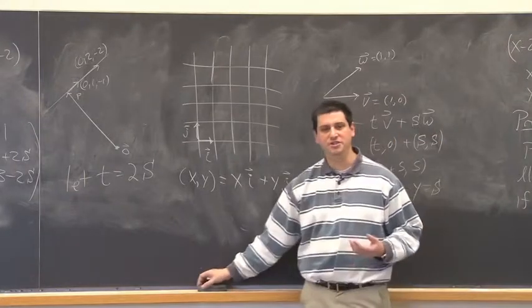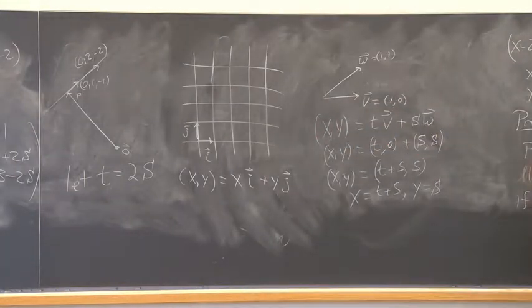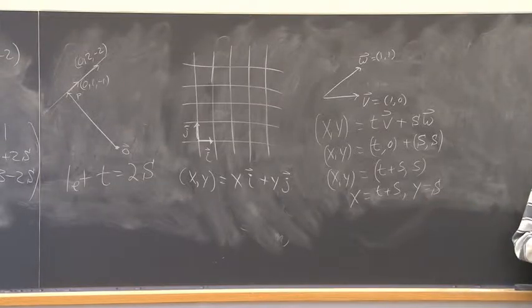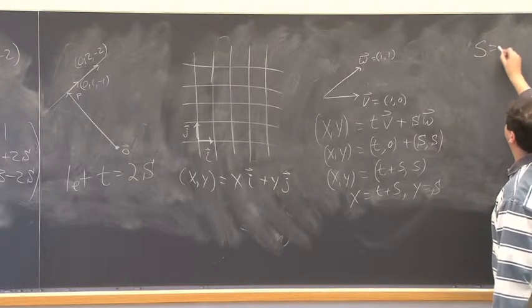Which equation is easier to solve, x or y? I'm trying to find s and t in terms of x and y. y equals s is very easy. I can just flip it, and I get s equals y.